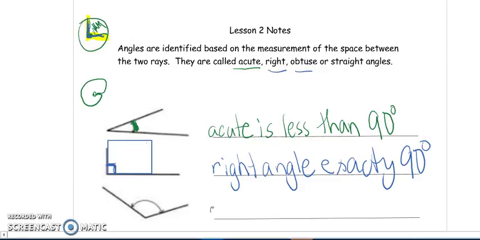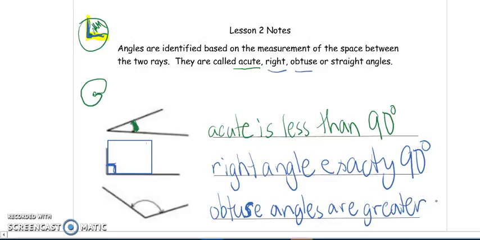Obtuse angles are greater than 90 degrees and less than 160. Oops, sorry, I forgot to write greater than, so let me fix that.